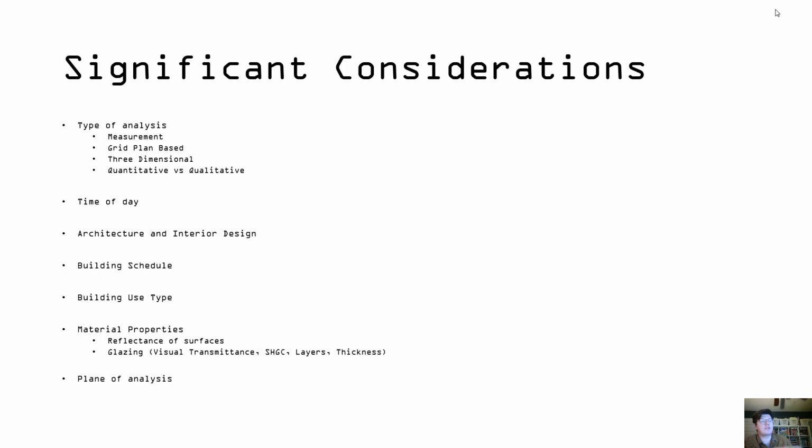We want to hit specified values generally. There's the material properties, there's the reflectance of surfaces, so walls. I mean, a white wall is going to have much greater reflectance of light than, let's say, a gray or a black, or anything darker really than a white wall will have a much lower reflectance.